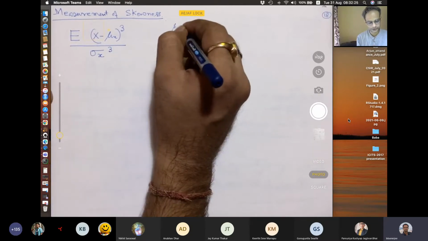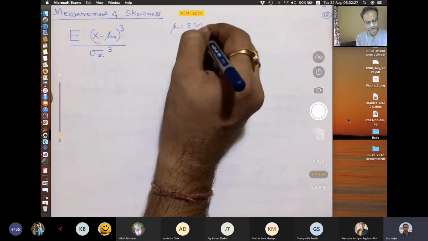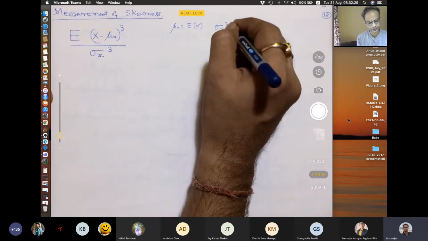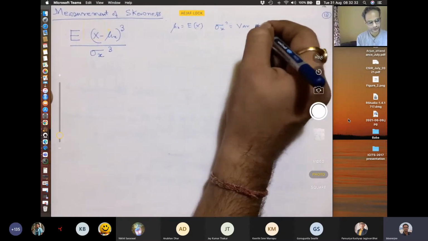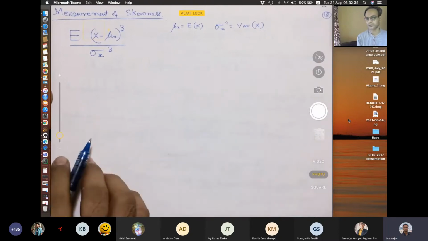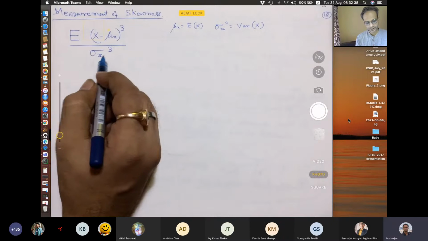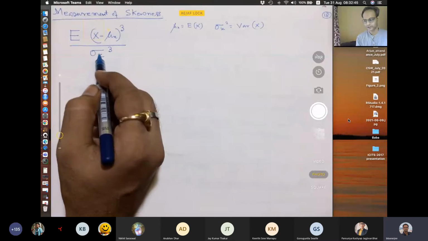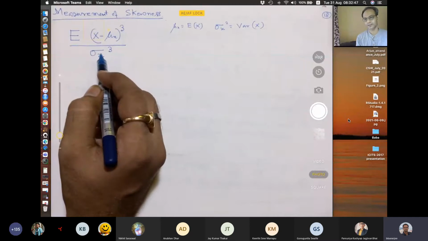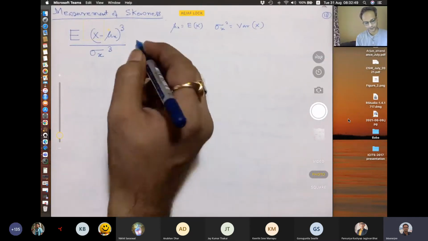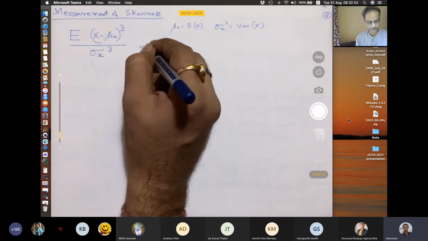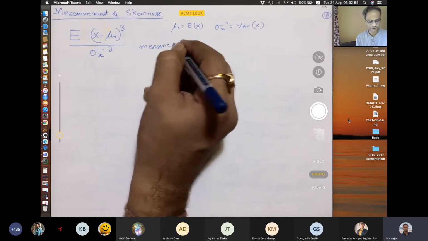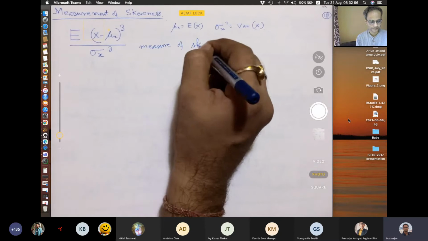Here mu x is the expectation of x, and sigma x square is the variance of x. The variance is a square term, with unit the square of the unit, so sigma x cube has the same unit as x cubed, and the units cancel each other. So this is known as the measure of skewness.